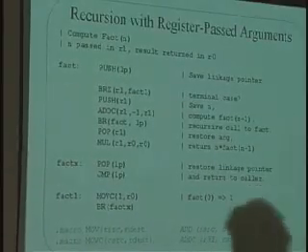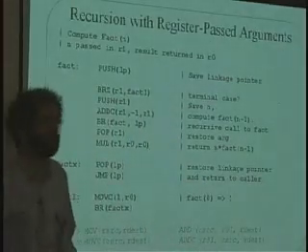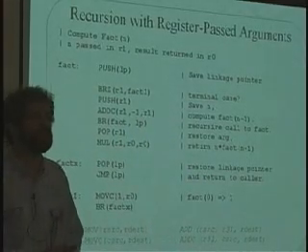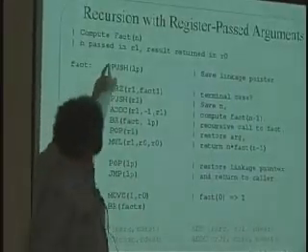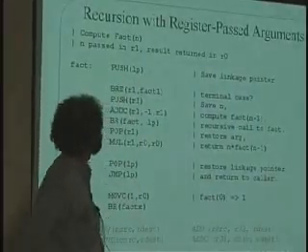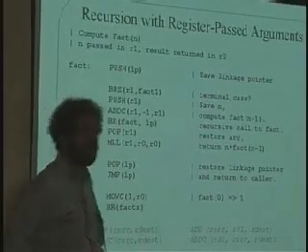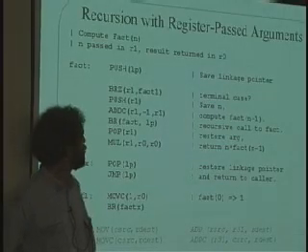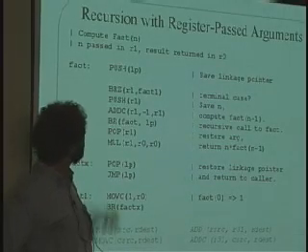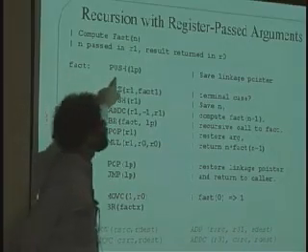So let's kind of go halfway. Let's assume that we're going to, again, pass the argument n in register R1. And let's assume that we're going to return the result in register R0. And so we're not talking yet about putting the arguments and the results on the stack. We're only going to put the linkage on the stack. Well, the first thing we're going to do in our recursive factorial subroutine is we're going to save the linkage pointer.